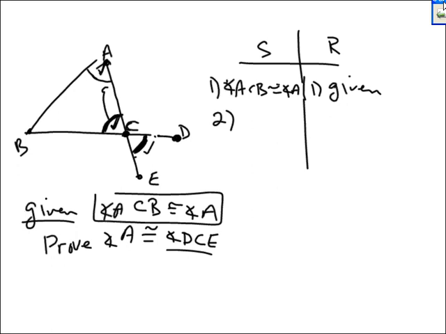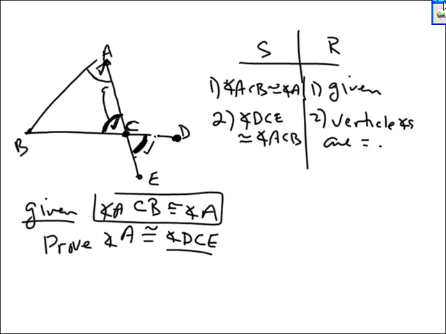Okay, so let's say that. Angle DCE is congruent to angle ACB. Reason? Vertical angles. Vertical angles are equal, or congruent, are congruent to one another. Okay.